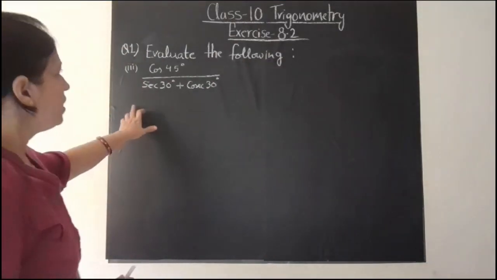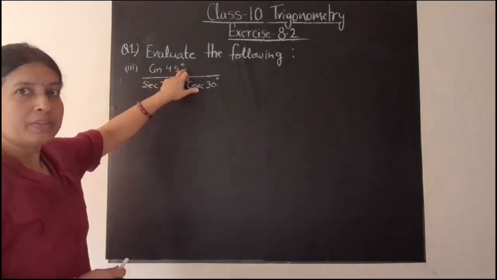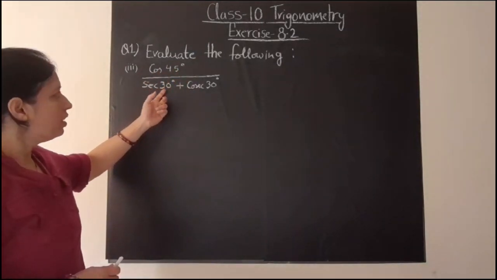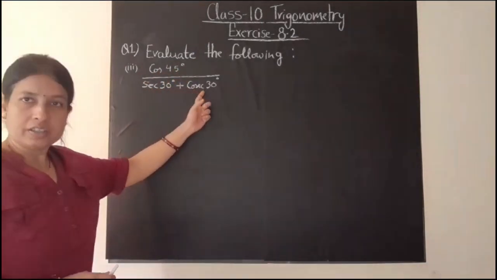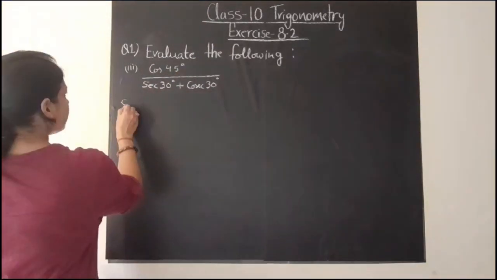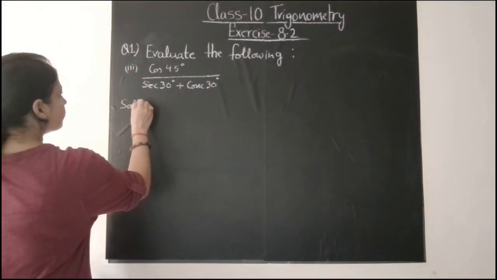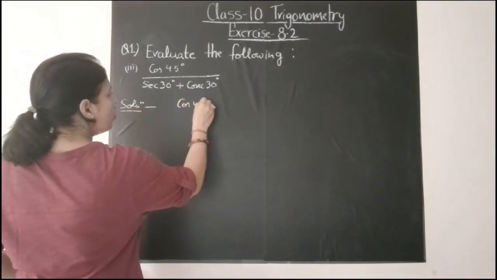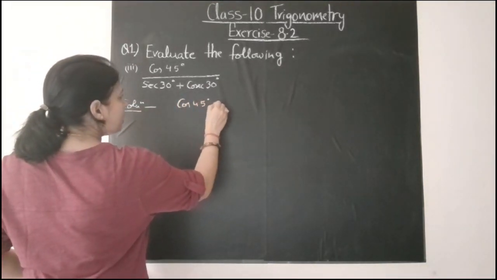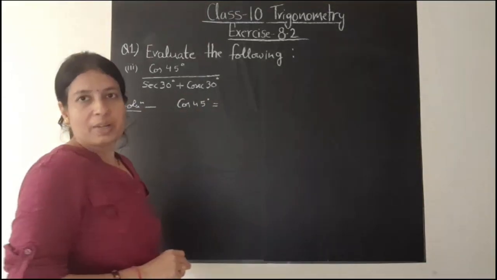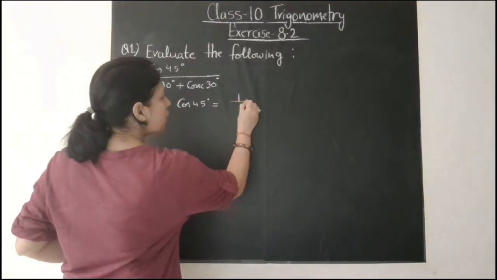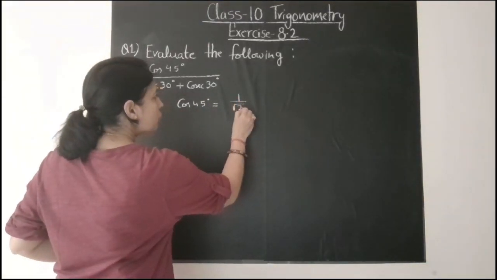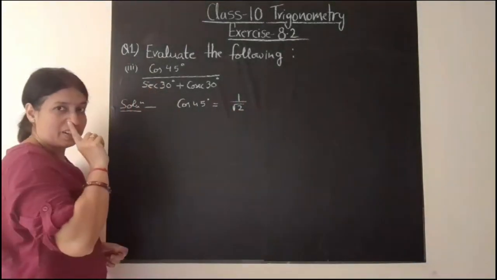So third part is cos 45 degree divided by sec 30 degree plus cosec 30 degree. First we write the value of cos 45 degree. Cos 45 degree is equal to 1 by root 2. And what is the value of sec 30 degree?